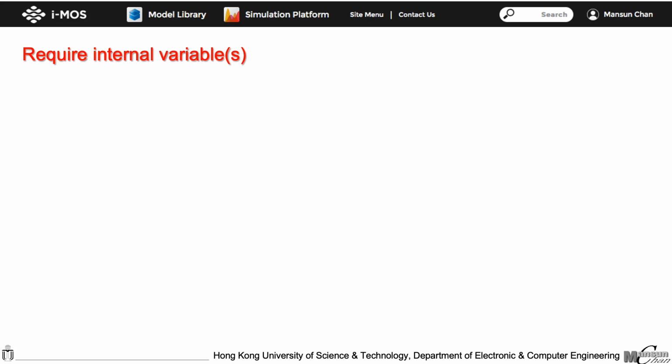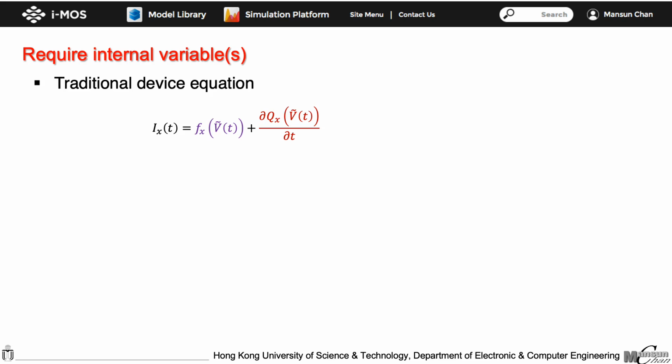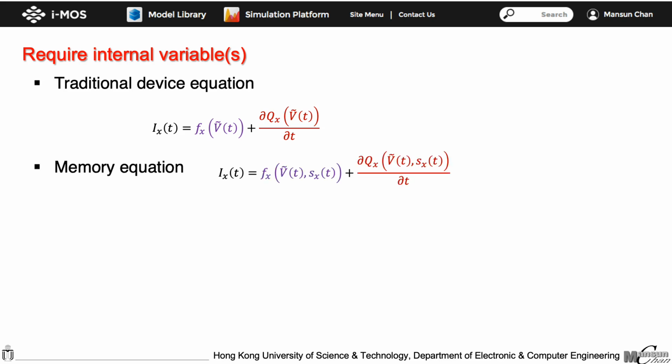We know that traditional devices are memoryless, and the terminal current-voltage relationship can be expressed with the equation given here. For a memory device, the instantaneous current depends on both the instantaneous voltage input as well as the history of all the previous voltages.